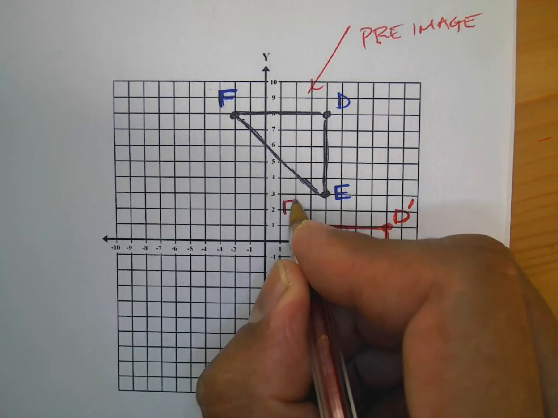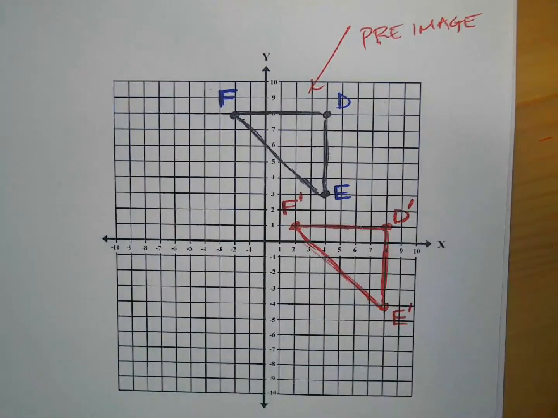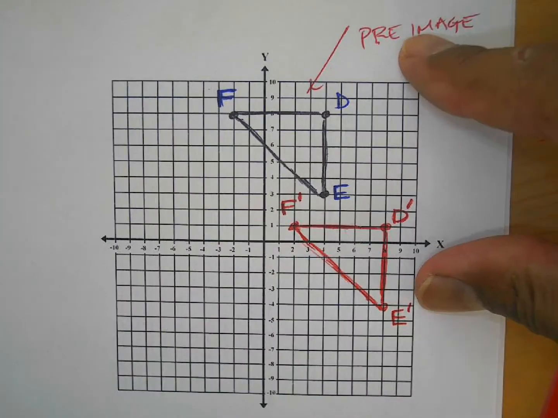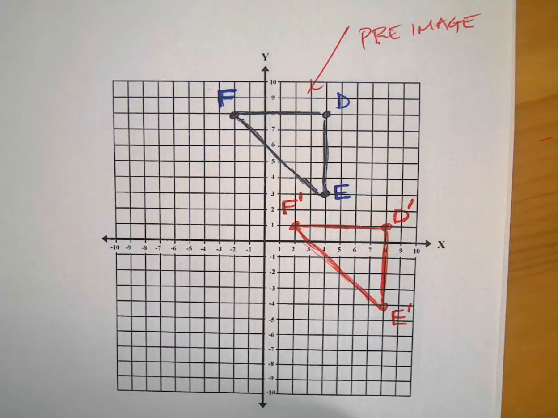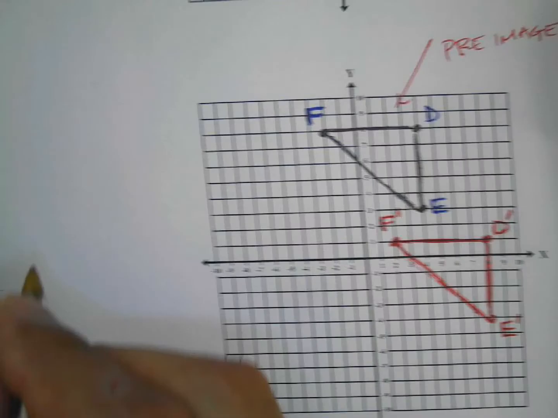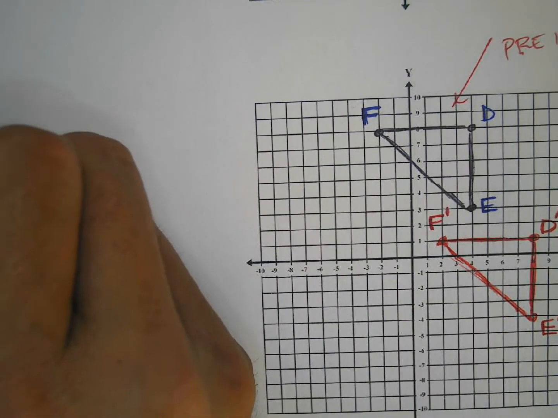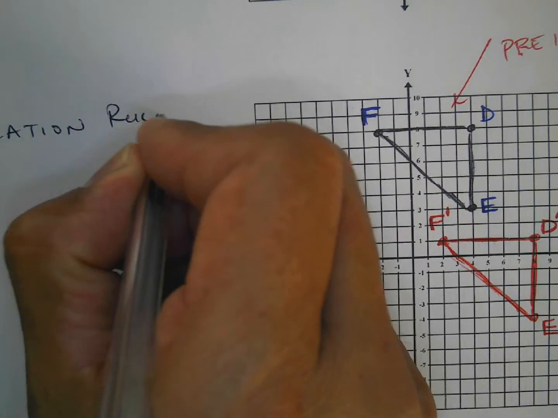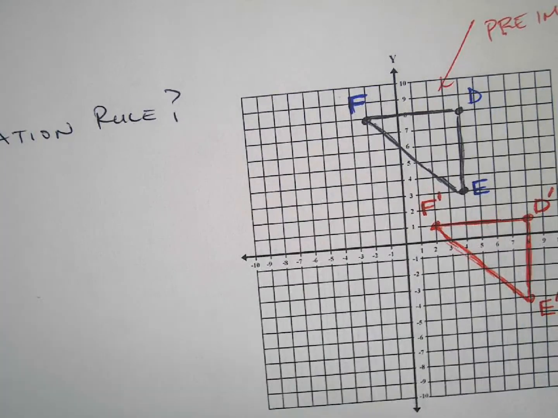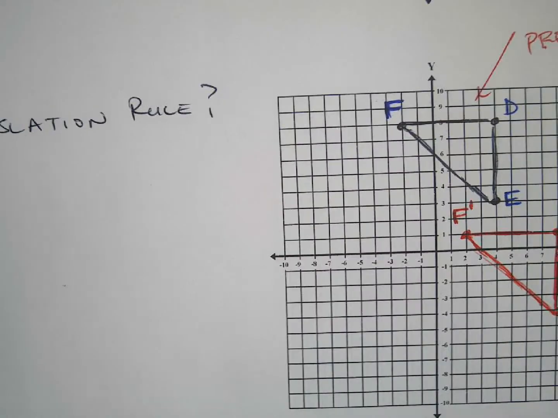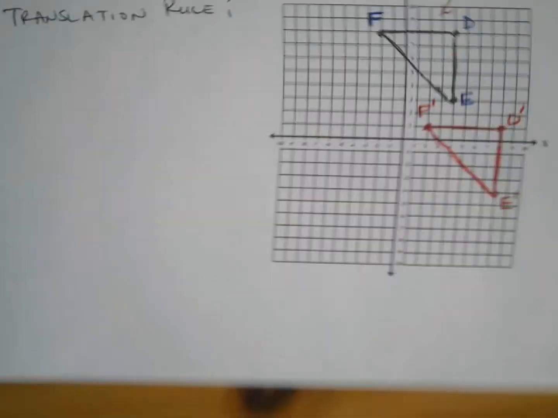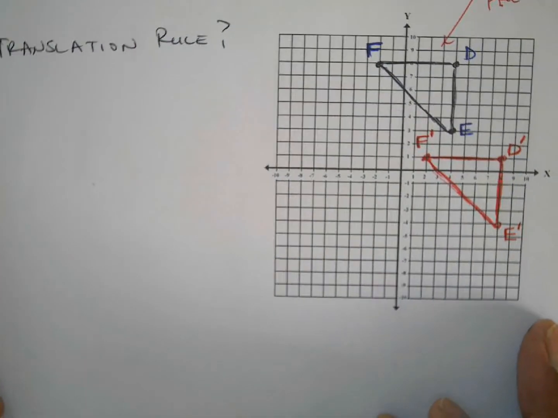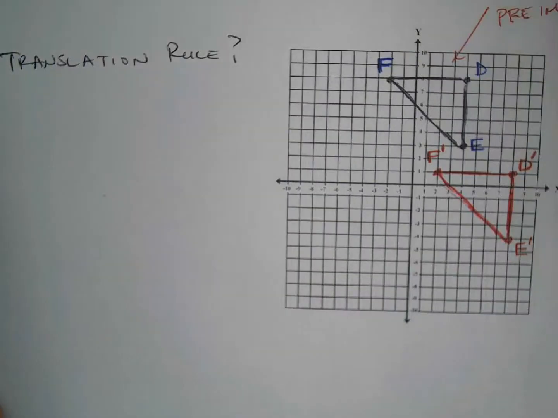Okay, let's finish this quick. This is going to be easy. The question is, if they give you a picture, whether it's 1 point or many points, what's the translation rule? What is the translation rule?